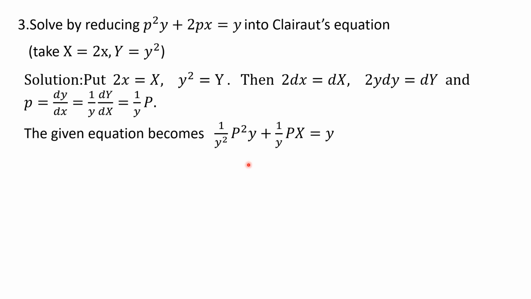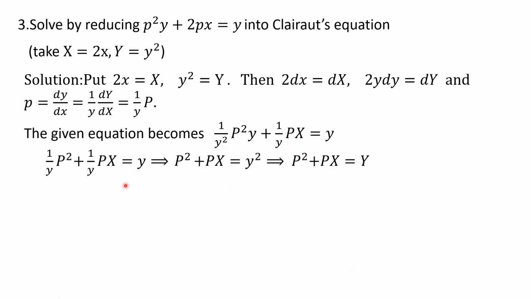So I can simplify this, y gets cancelled, 1 over y P square plus 1 over y Px, or that y you can take that side. So that's what we have here, P square plus PX equal to y square.